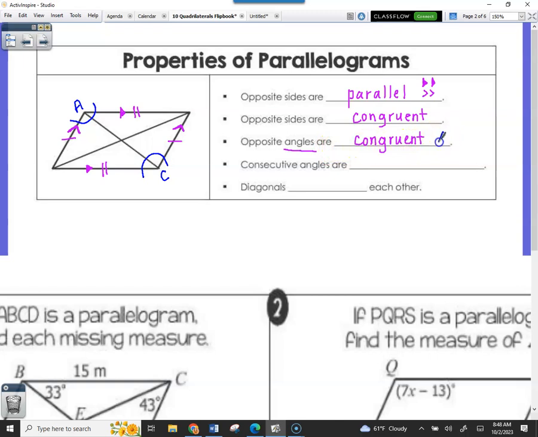So for example, angle A is congruent to angle C. Now that's not the only pair of opposite angles, but this is going to get crowded, so we don't have room to write every single thing. But to give you an idea, because A and C are on opposite corners, diagonally opposite of each other, they have the same measure. The same is also true if we come over here and we call this B and this D. Angle B is congruent to angle D. Okay, so that's also true.